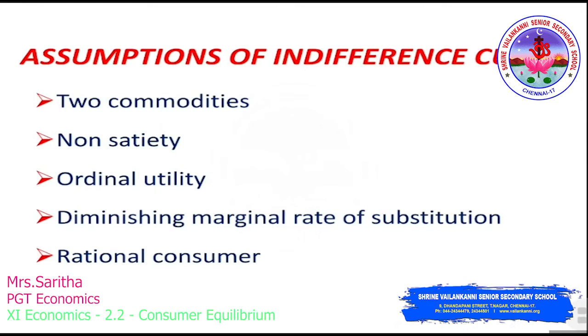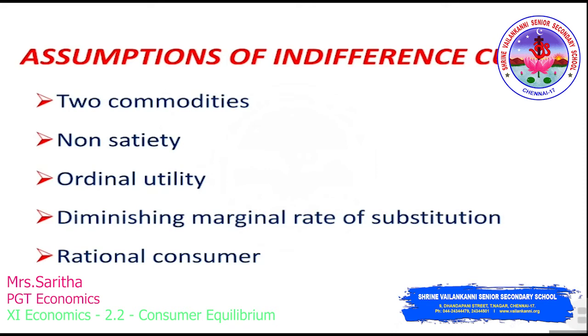Second, non-satiety. It is assumed that the consumer has not reached the point of saturation, so the consumer always prefers more of both goods. That is, he always tries to move to a higher indifference curve to get higher and higher satisfaction.